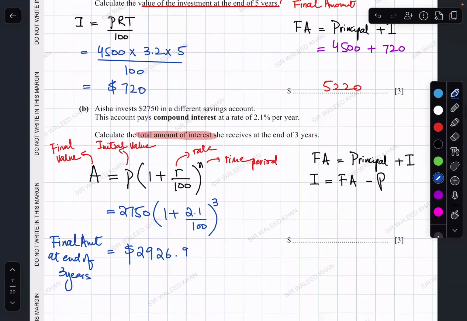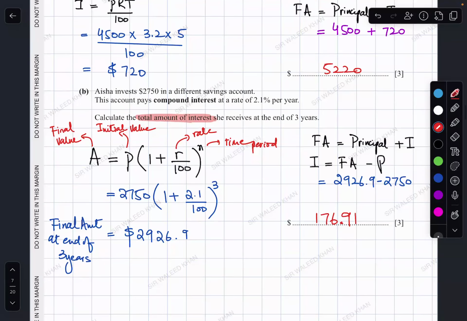The final amount over here is 2926.9 minus the principal amount, that is 2750. What am I getting? 176.9. That's correct.